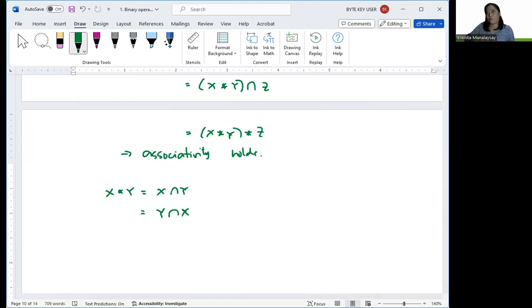Diba? If x is in x intersection y, then x is in x and x is in y. And x is in y or x is in x, which implies that x is in y intersection x, which is equal to y star x, which implies that commutativity holds.